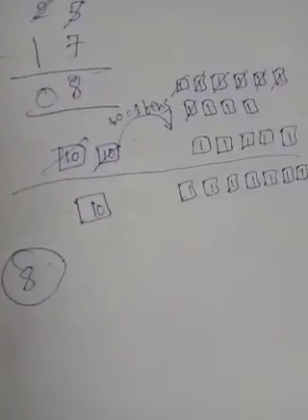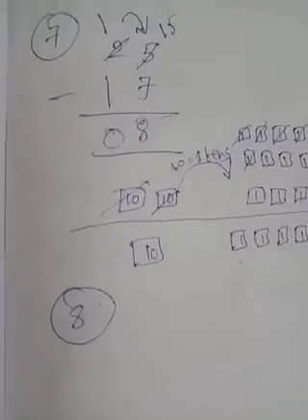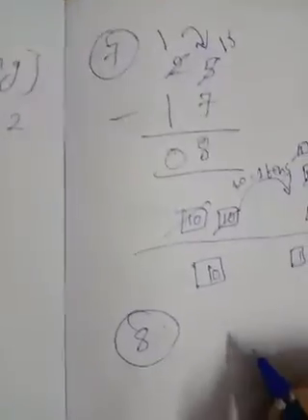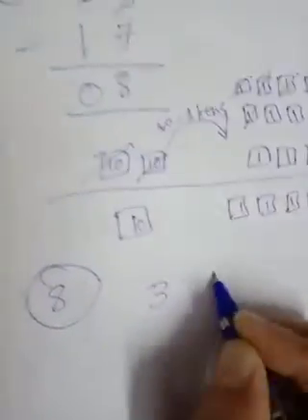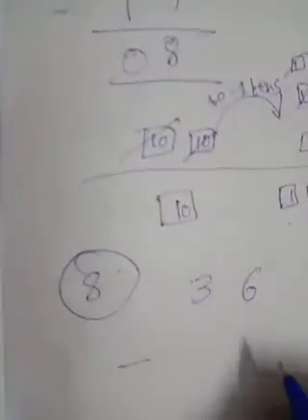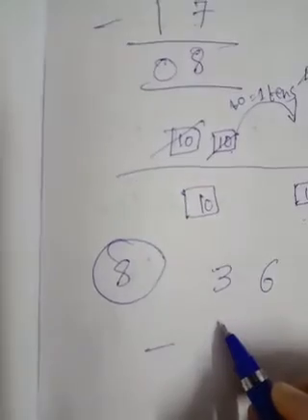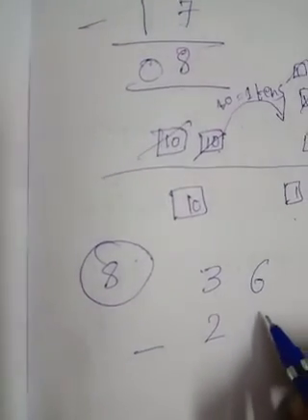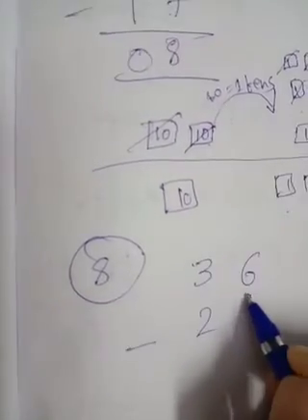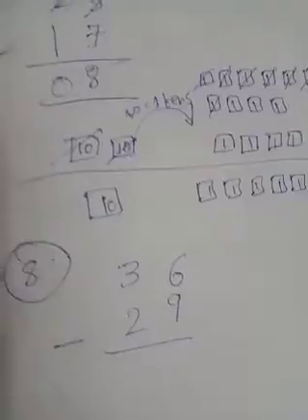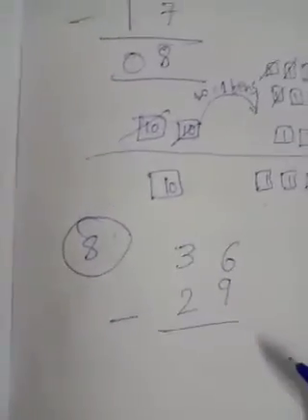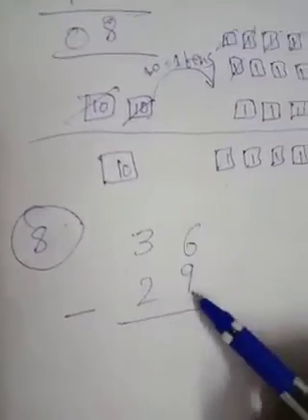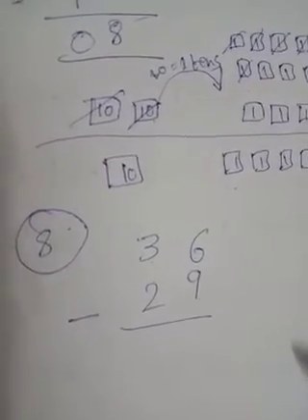Next one. 36 minus 29. So 6 minus 9, is it directly possible?